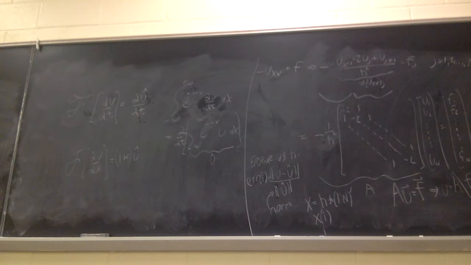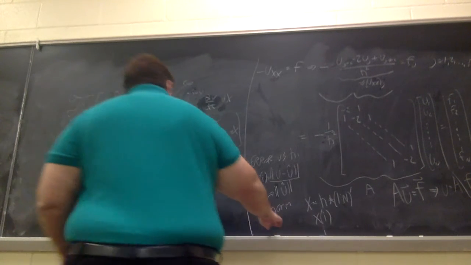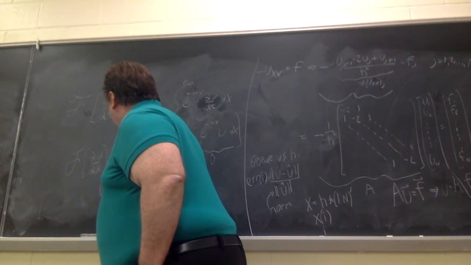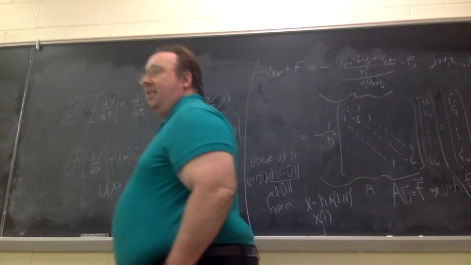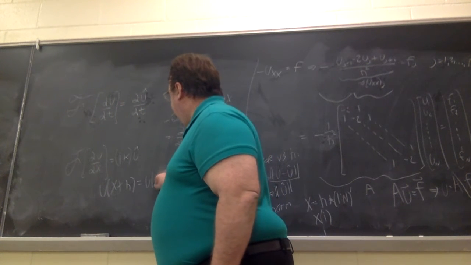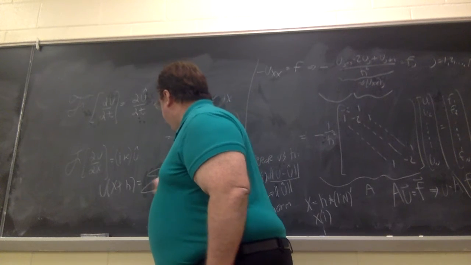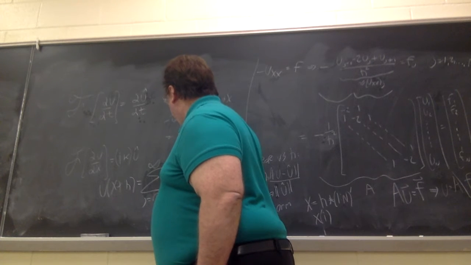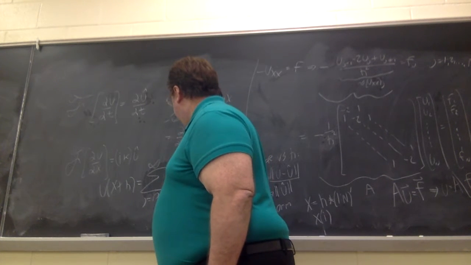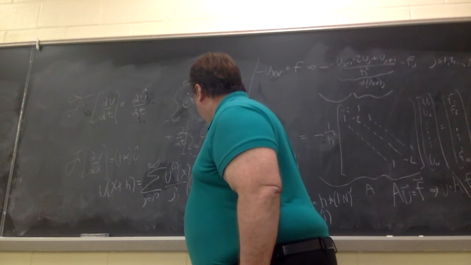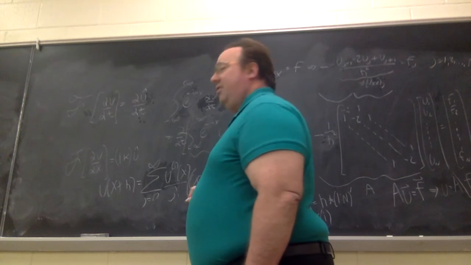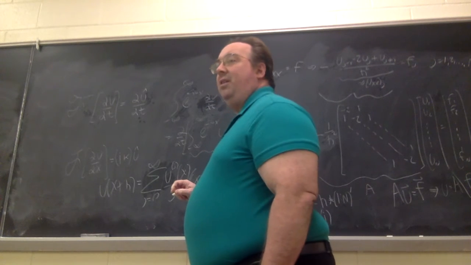Because what you're expanding is u of x plus h. So you're first going to have u of x. Well, the general form would be the j-th derivative at the center over j factorial times the evaluation point minus the center, raised to whatever power.